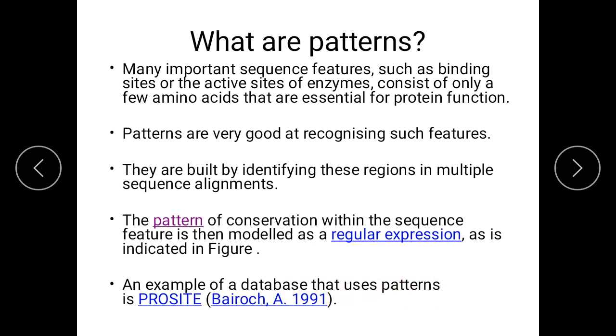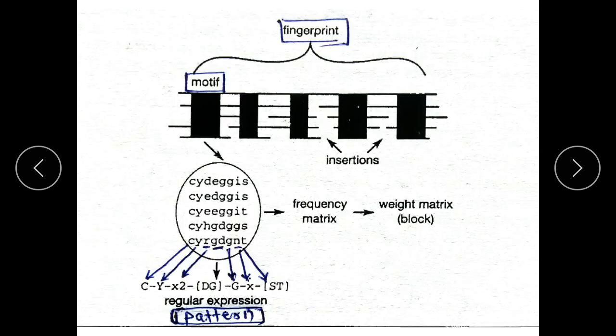So motifs and patterns are stored in the ProSite database. You have to remember: Pfam is the database which stores the domains, and ProSite is the database which stores motifs and the patterns.